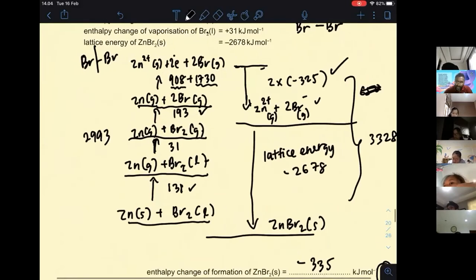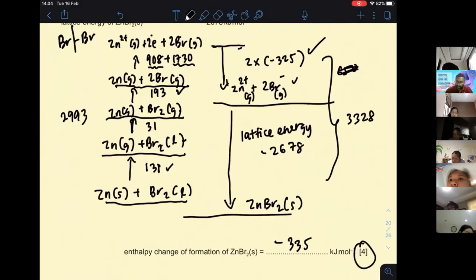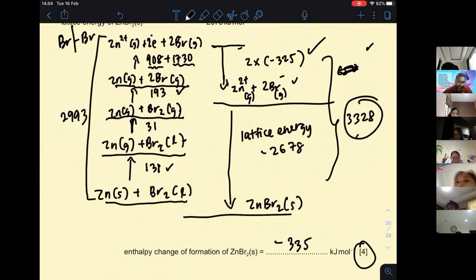Once we have that, I calculate. When I add these two numbers, I get 3328. When I add these entire numbers, I see 2993. It means that this ZnBr2 solid must be a bit lower than this line. You can see the distance.